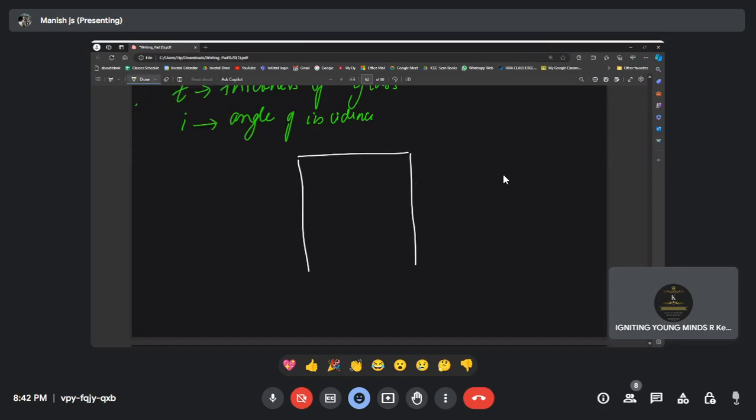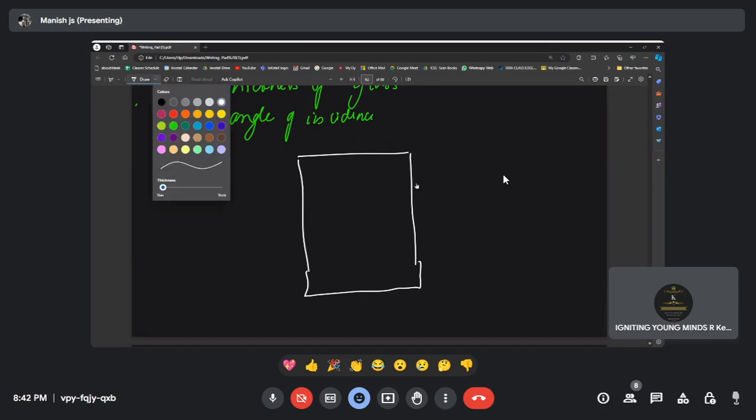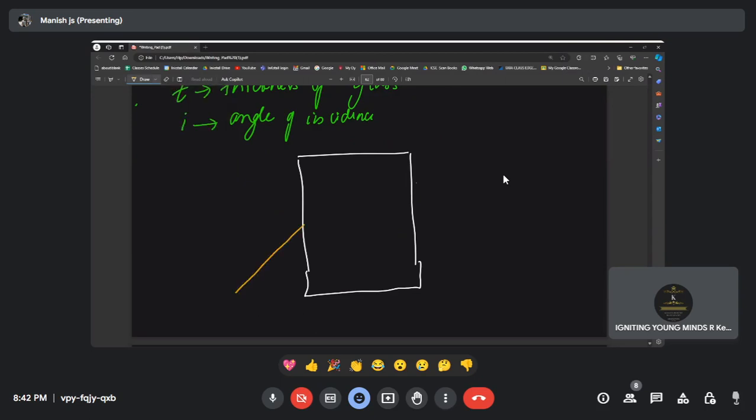So when you take a glass slab like this, okay, and we are trying to show the light ray. Say a light ray is traveling and it touches the surface here. At that point, we all know we are going to draw a normal. So we draw a normal.